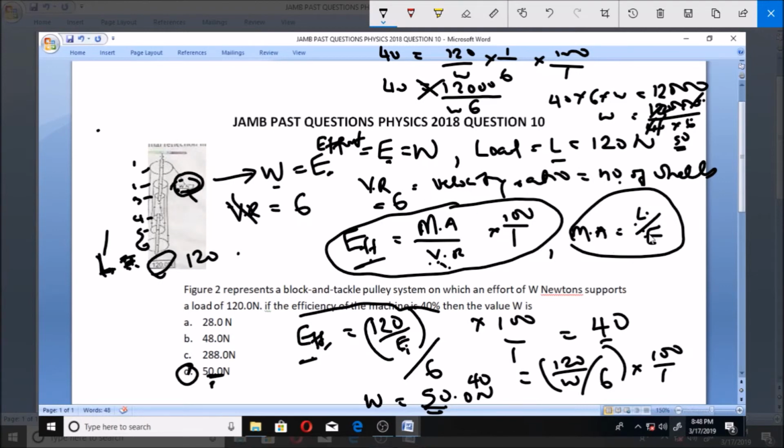VR is the same thing as the number of wheels in this pulley system. So these are the formulas for calculating a pulley system.